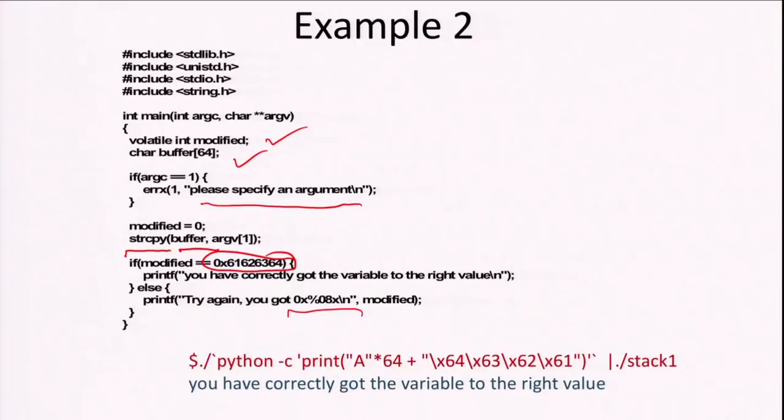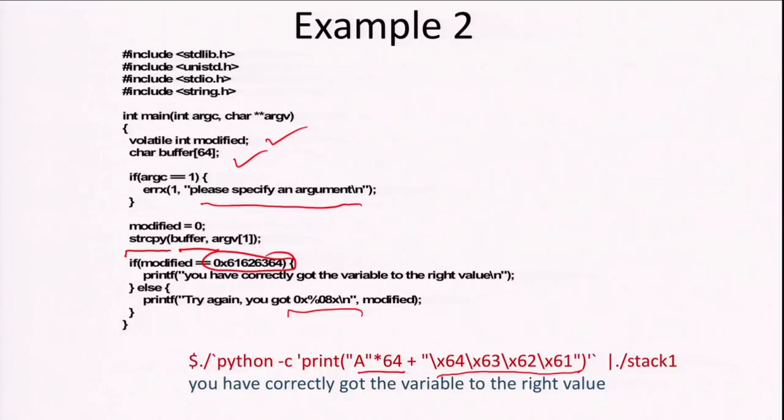So in this case, we'll again use the Python script to create a string of 64 A's followed by 64, 63, 62 and 61 in hex.